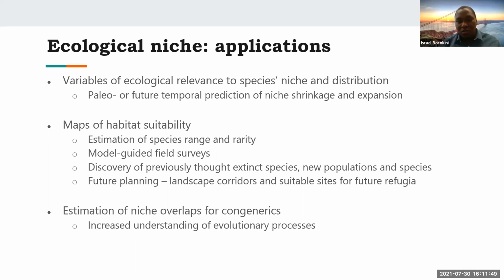We use that information to make predictions about the evolutionary processes involved in the speciation of two closely related species. That is really important, especially in the Great Basin Desert, where there are so many highly related species with a lot of habitat specializations.